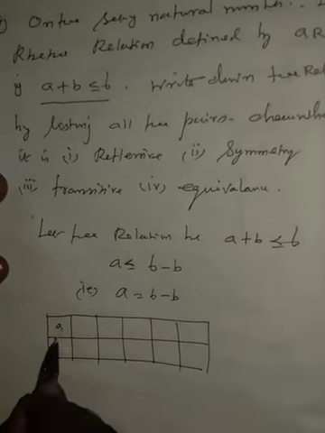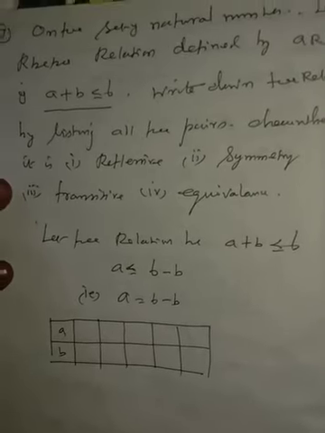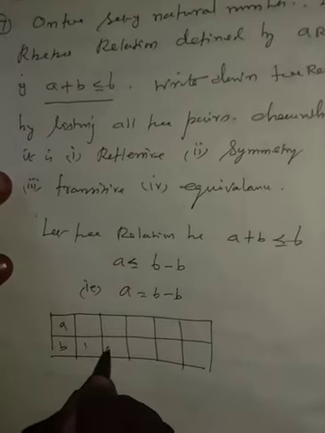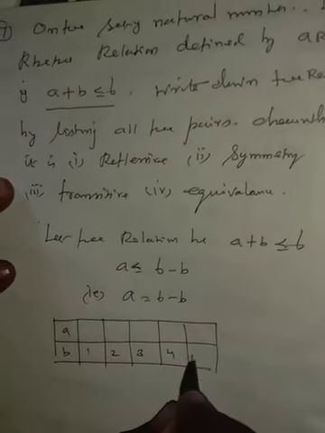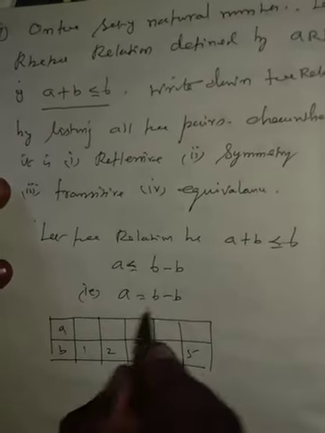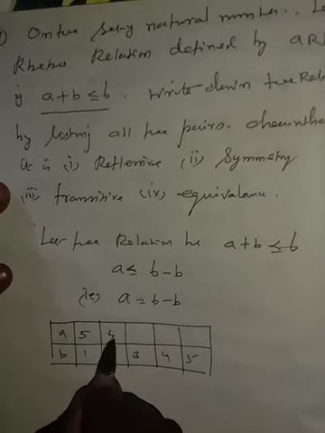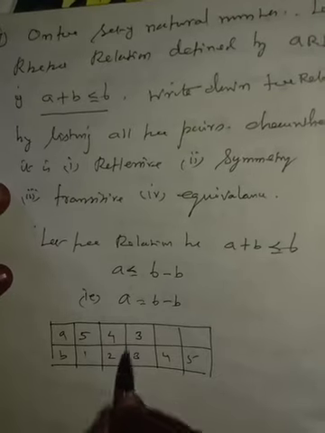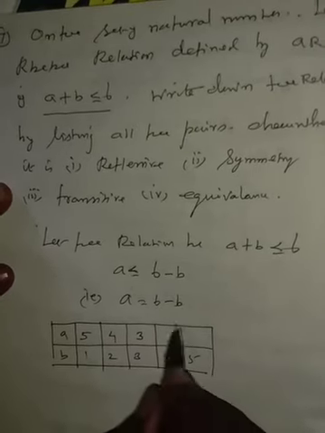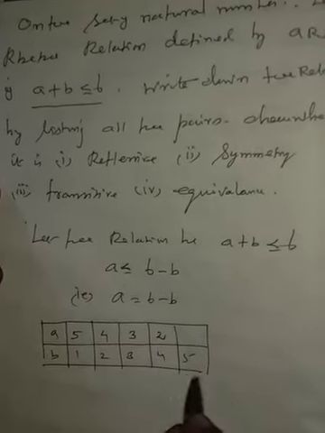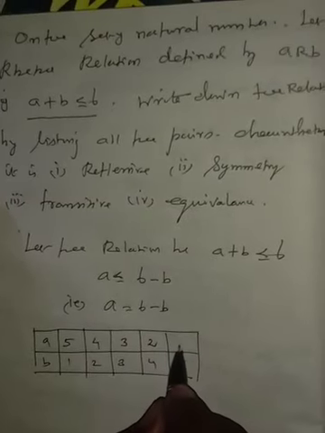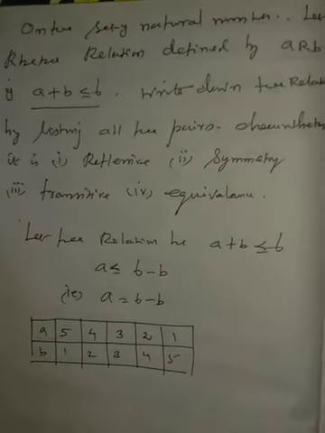A, B: 1, 2, 3, 4, 5. Substitute A equal to 1, B is 5. Substitute A equal to 2, B is 4. Substitute A equal to 3, B is 3. Substitute A equal to 4, B is 2. Substitute A equal to 5, B is 1.